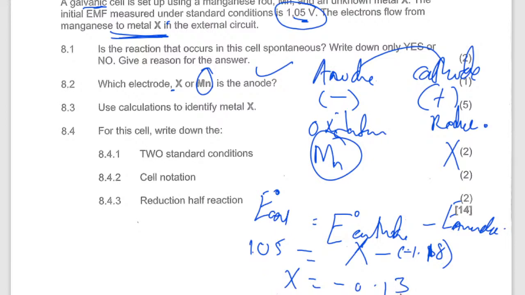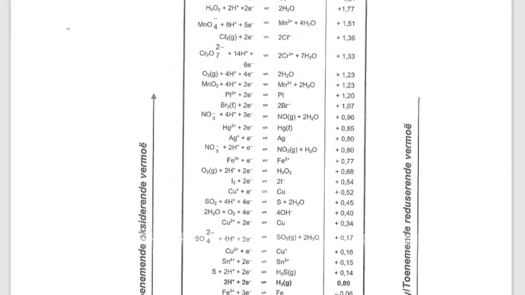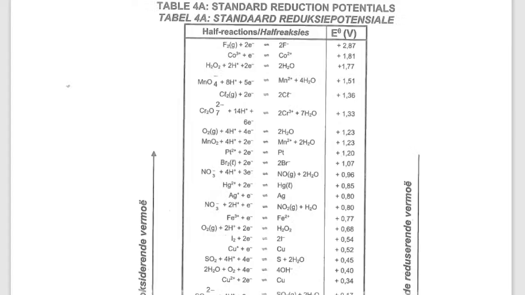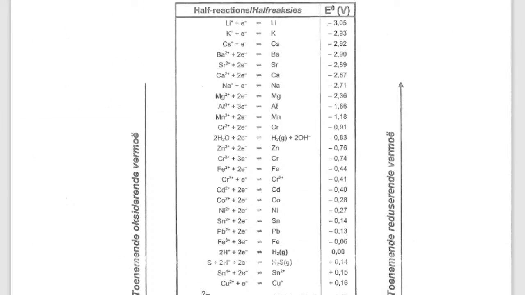When you put it on this side, it becomes negative 0.13 volts. And then when you go to the table, you'll find it as lead. So this is what I'm saying. You see, the value you have got is here. So it means that it's lead.